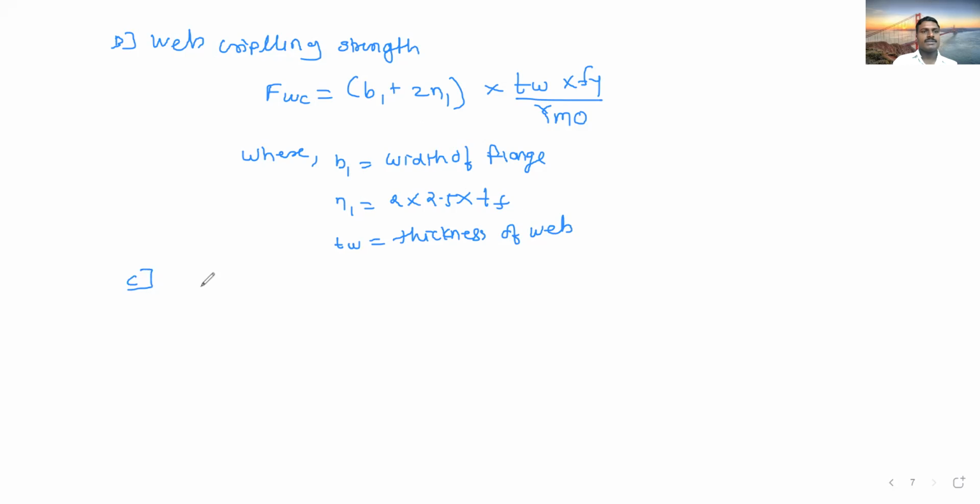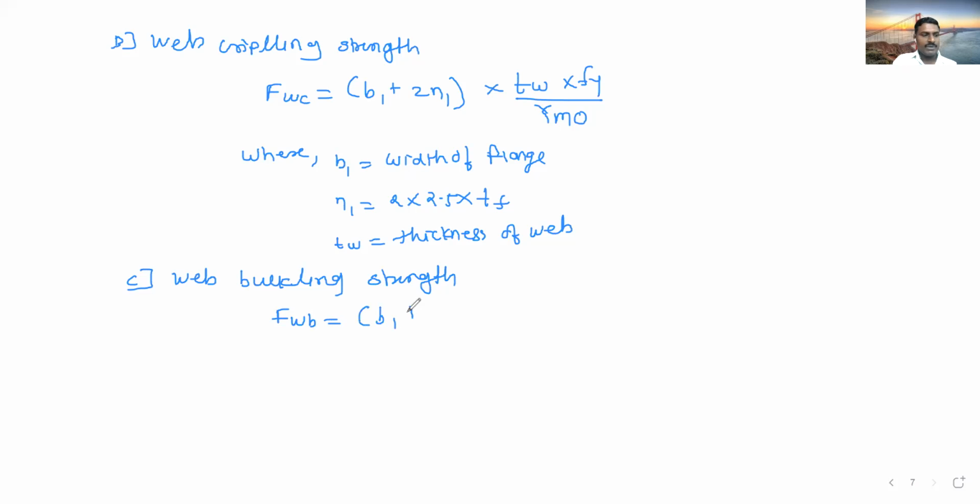And then third, C is the web buckling strength. Web buckling strength is equal to FWB, the force or strength for web buckling.